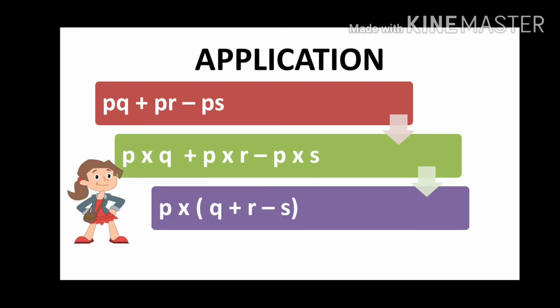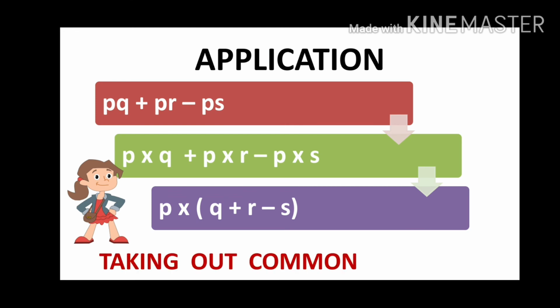So p goes to all of them, so all of them we are keeping in brackets. So inside the bracket, q plus r minus s. So this is called taking out common. Mostly in algebra we call it taking out common. So here you can see we have taken out the common thing. In all the three groups p was common, so p has been taken out and the rest all has been kept inside the brackets.